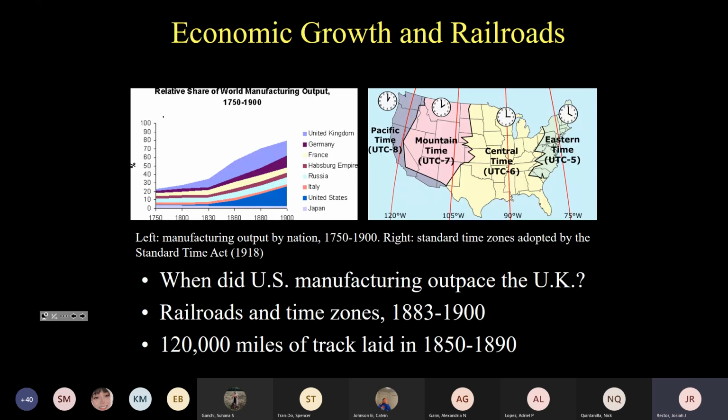At the heart of economic growth in the late 19th century US was the railroad industry. So over 120,000 miles of railroad tracks were laid in the United States between 1850 and 1890. This was important because in the 19th century, prior to the rise of the railroad, transportation was dramatically slower.